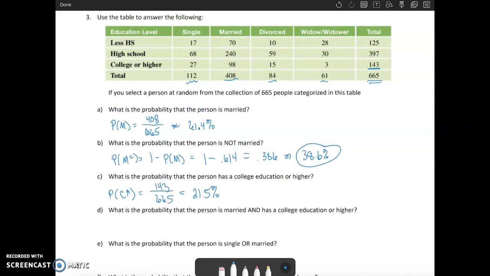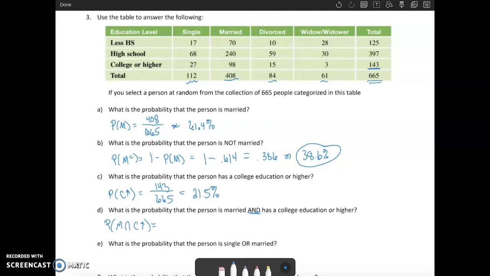What's the probability that the person is married and has a college education or higher? Now we're getting a little bit more interesting. An "and": what's the probability of the intersection between married and college or higher? I'm literally looking for their overlap.